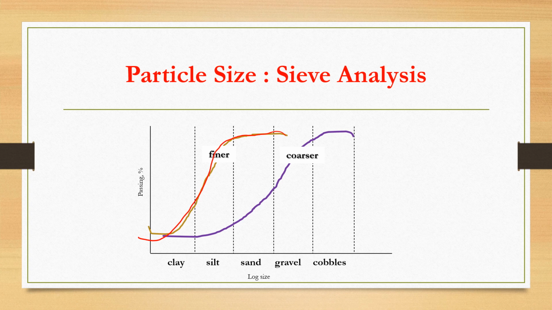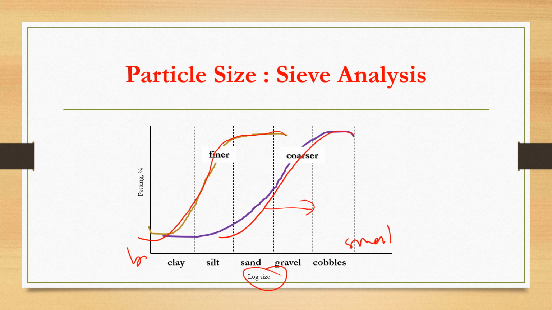If the curve is to the right, it means it is coarse. This also depends on whether you arrange your size from small to big. If you reverse it, from big to small, it becomes the other way around.